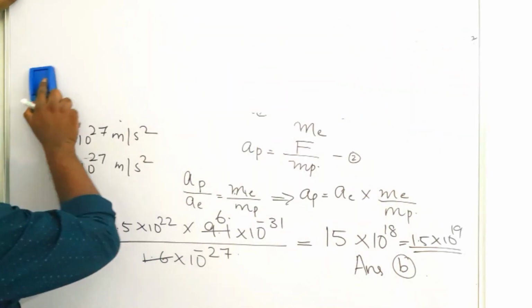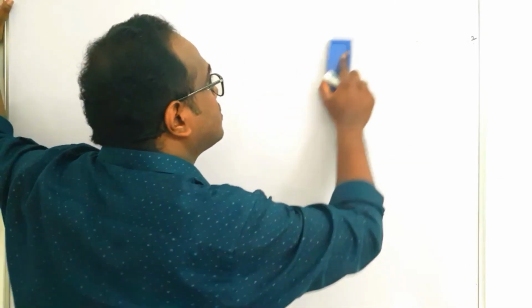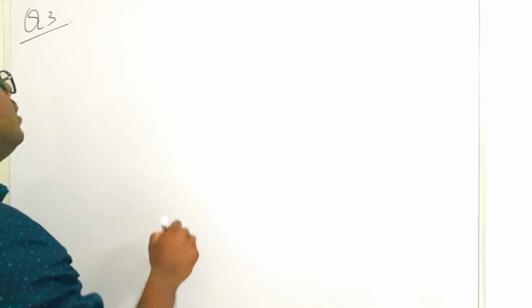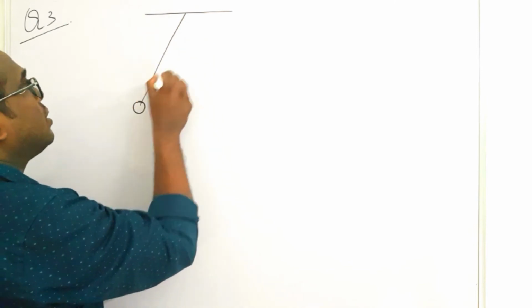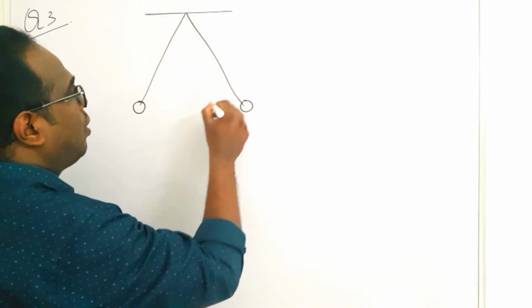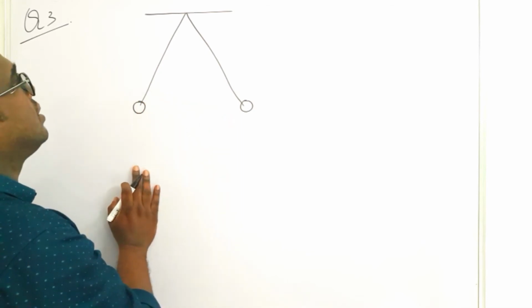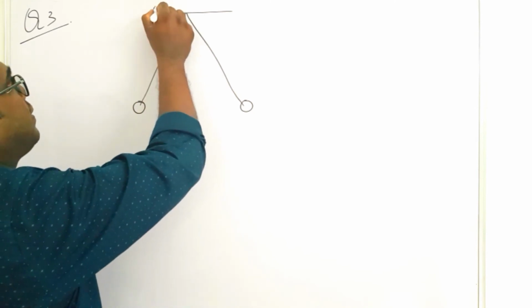One more question, the last question of today's class. Question number 3. Two pith balls of same charge are suspended using two strings as shown in the figure.